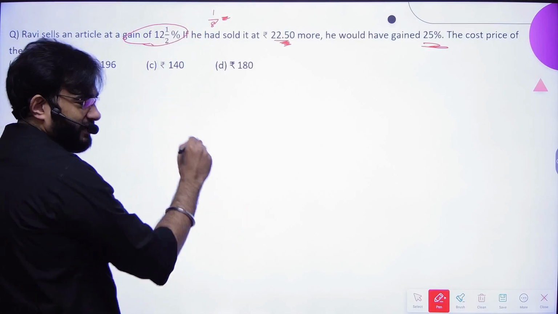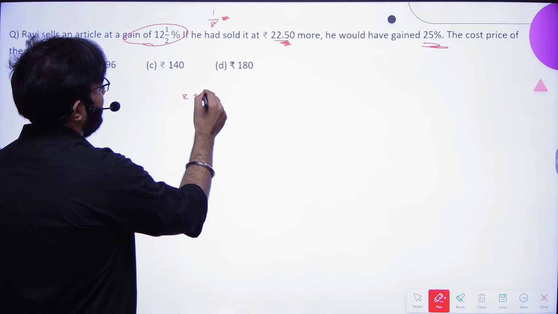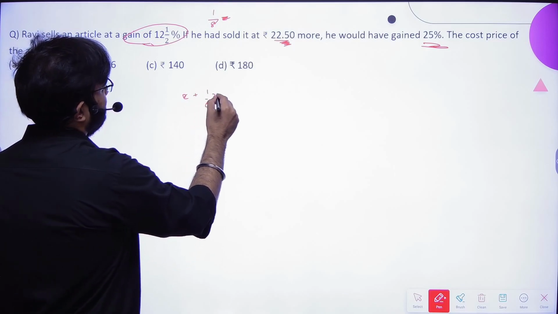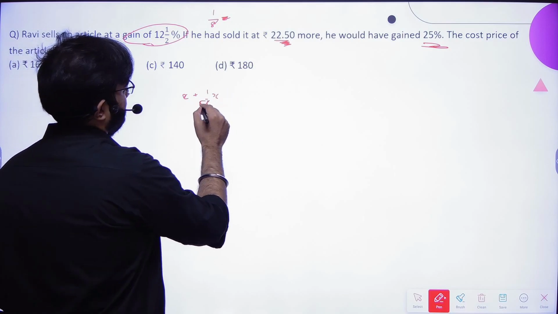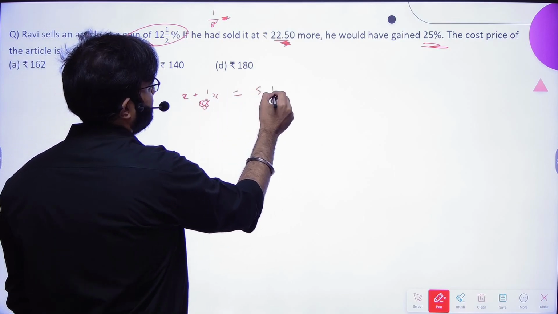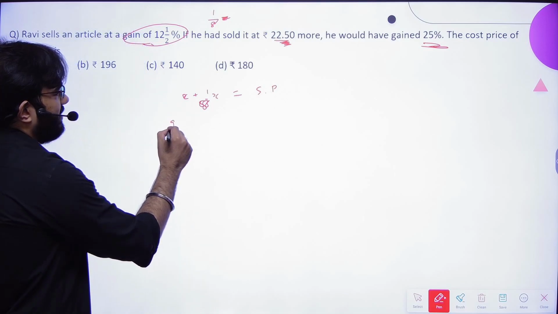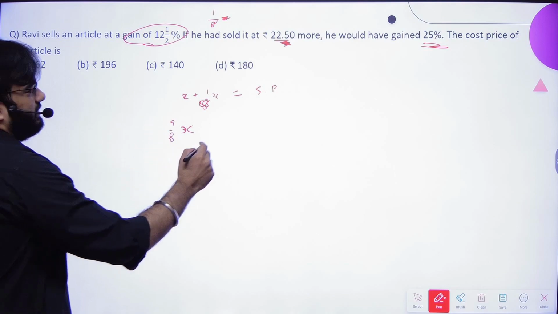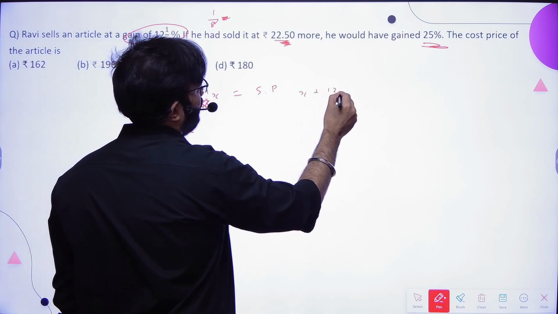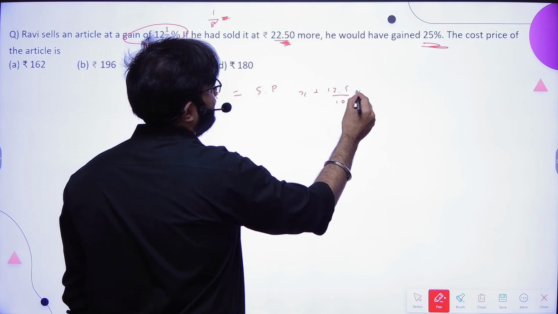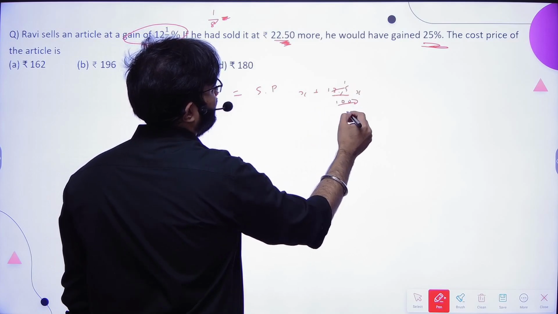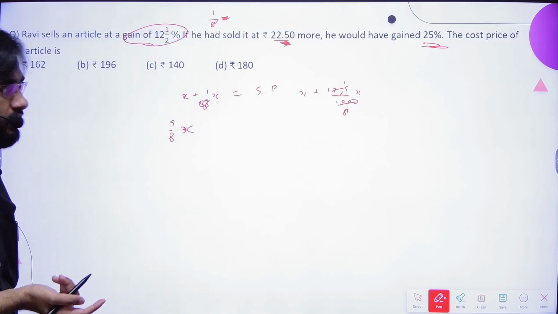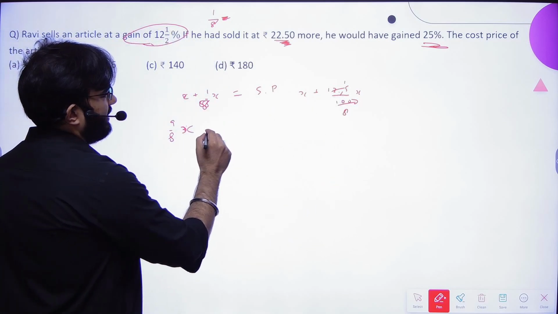If I elaborate in detail, X plus 1 by 8 X will be the selling price. So it will be 9 by 8x. Or directly, you do x plus 12.5% of x, and you will again get this. So 9 by 8x.